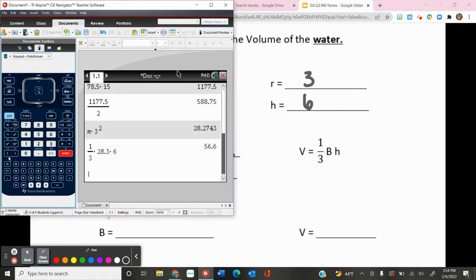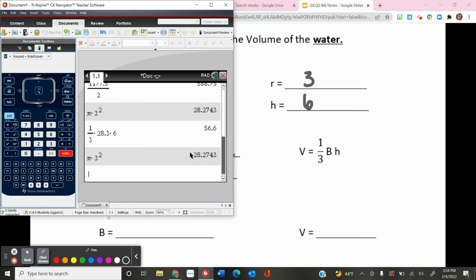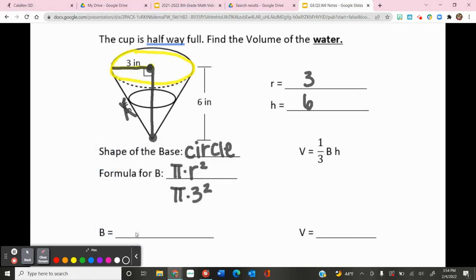Going to our calculator, we take pi times 3 squared. Enter, we get 28.2743. Now again, we want to round this to the tenths place, so I'm going to look at this 7, and this is going to round the 2 up to a 3. So here the area of my base is 28.3.